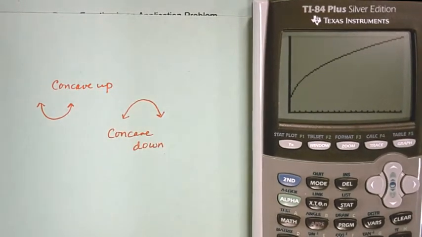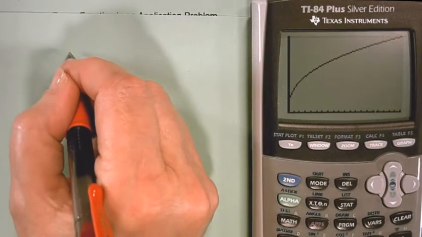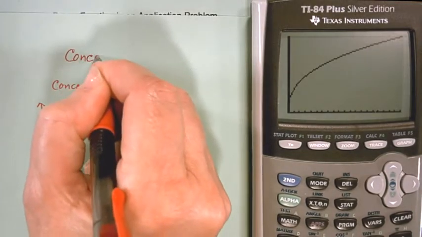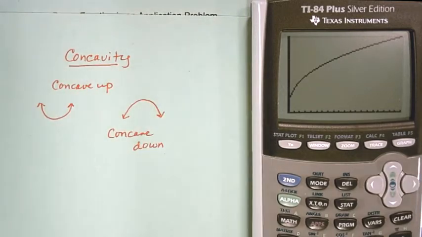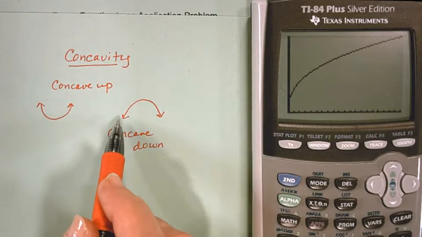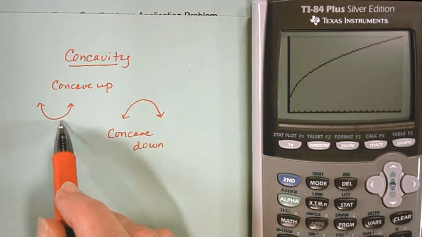Well, now we're going to expand that idea of concavity to functions that aren't parabolas, because concavity just describes the curvature of your graph. Is it going down like this, or is it going up like that?